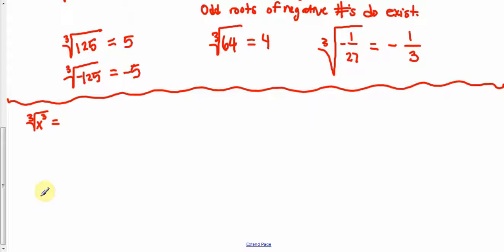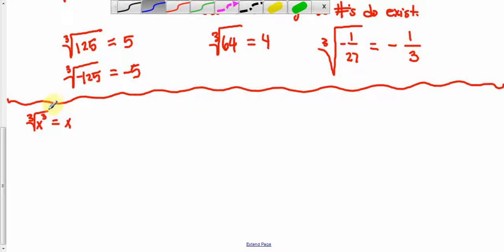If I asked you for the cubed root of x cubed, what number times itself 3 times makes x to the 3rd power? X. Now I'm going to write this exponent in blue.